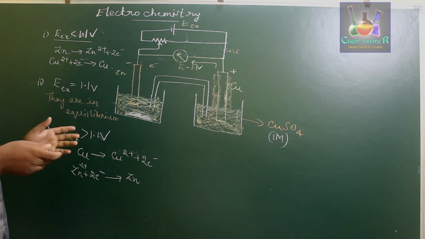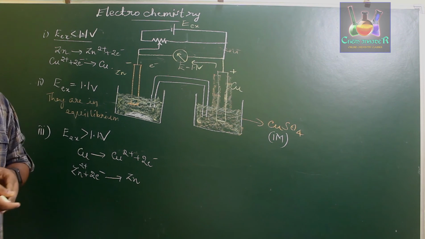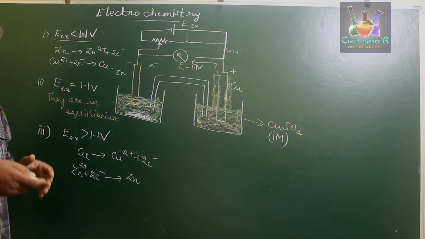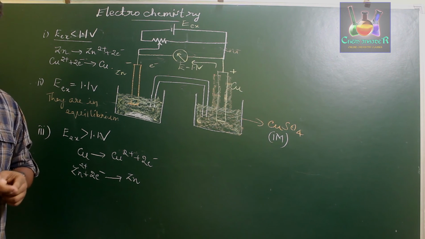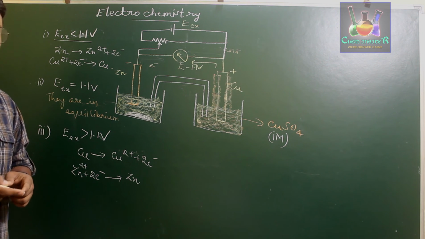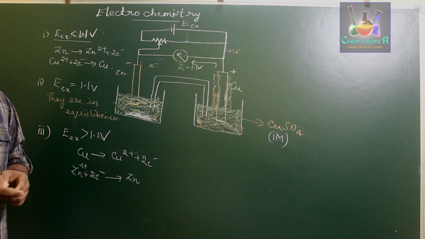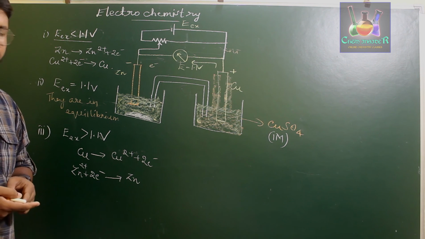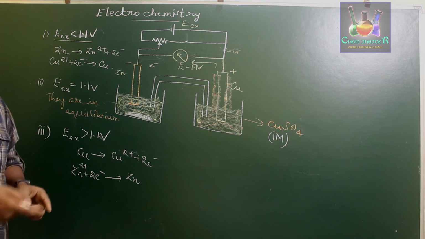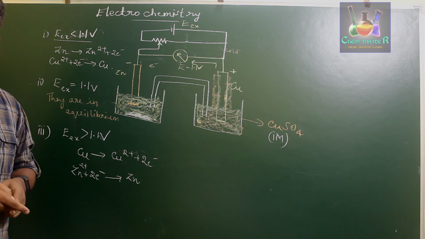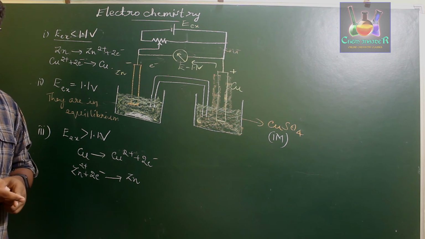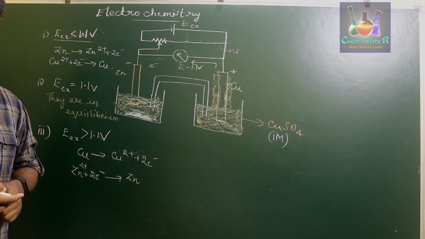If in a Daniell cell you apply an external electrode potential greater than 1.1 volts, then the Daniell cell acts as an electrolytic cell, where the reaction carries out a non-spontaneous process.